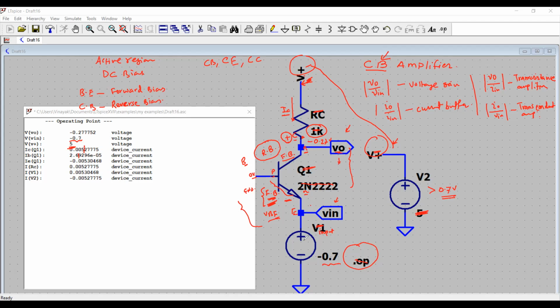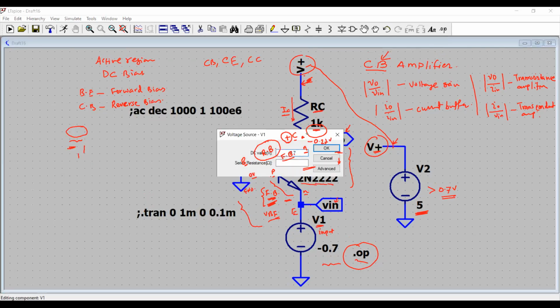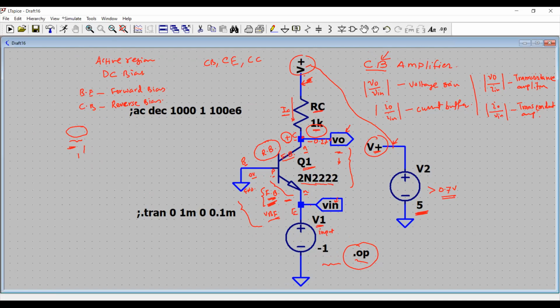So let us try that. Remember, it is now minus 0.27. So what if we increase our voltage to, let's say, 1 volt, maybe here? Before that, we need to close it. So let's say we do it like 1 volt, close it, simulate it.